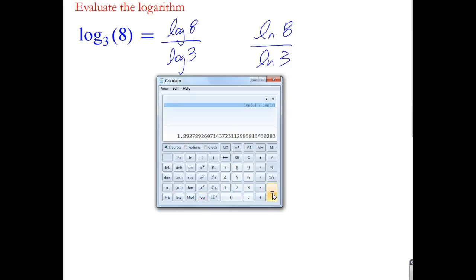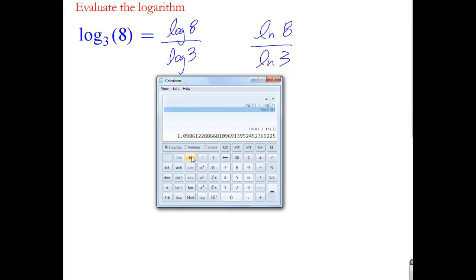Now let's try another new one. Okay. Let's clear it and we'll do 8 natural log. Where is natural log? There it is. Is that it? Well, let's see. 8 natural log divided by 3 natural log is 1.0. Wait, did that work out to be the same?